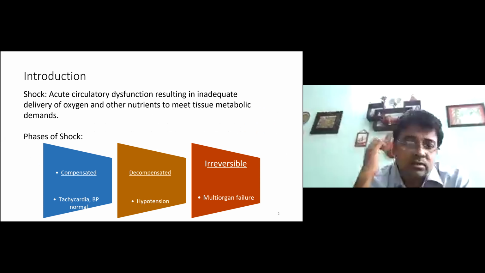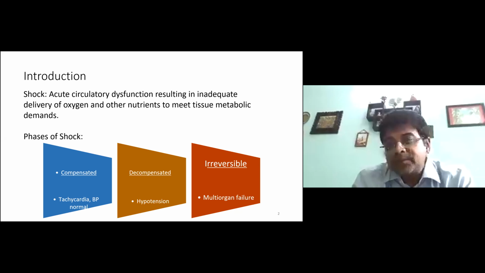Compensated is when you have tachycardia but a normal BP. Decompensated is when you have hypotension, and this is exactly where we are going to focus. And irreversible is that stage where you have multi-organ failure. So it's important for us to pick up cases in the compensated and decompensated phase before the patient lands up in irreversible shock.